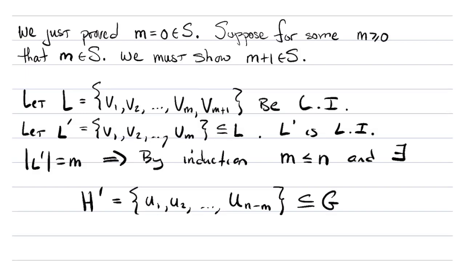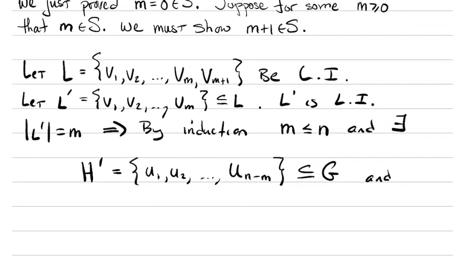It's a subset of G, and I know that this L prime union H prime spans V. So the span of L prime union H prime is still the whole vector space V.